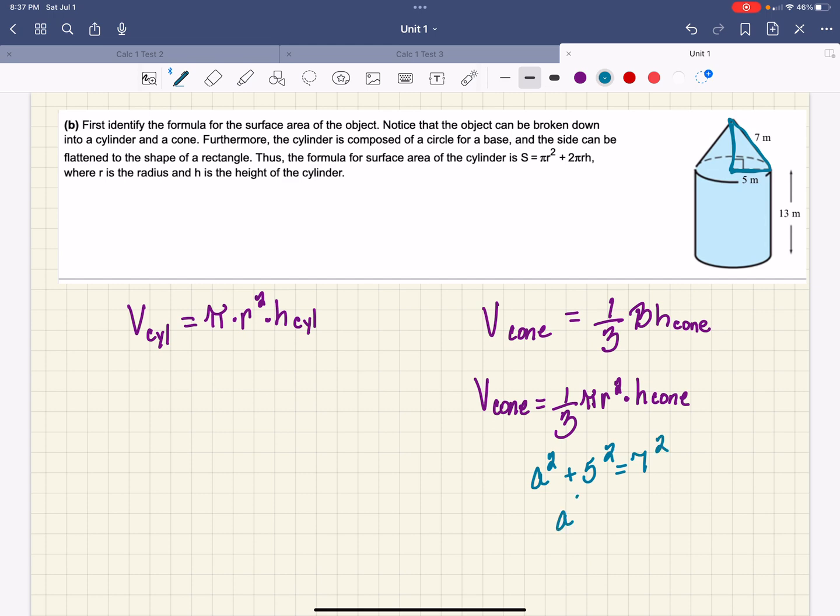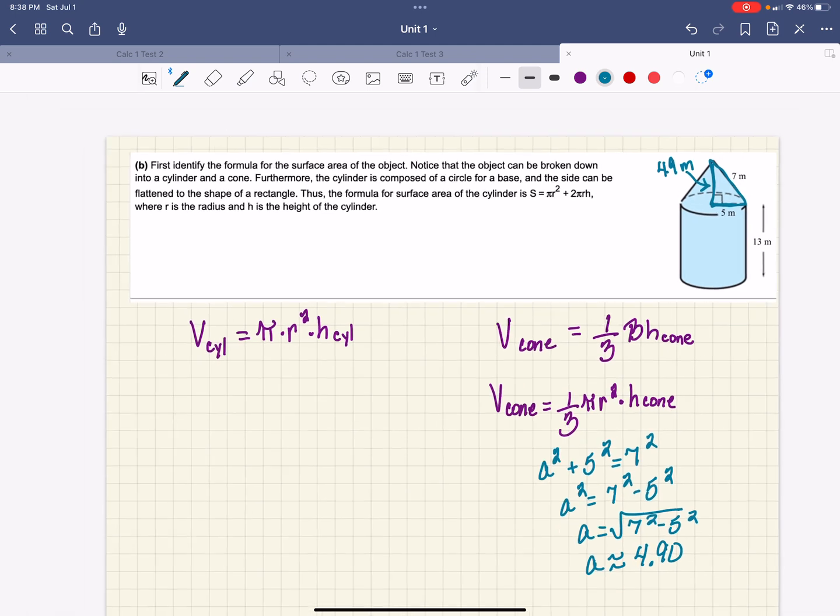Okay, a squared is going to equal 7 squared minus 5 squared, and so a is going to be the square root of 7 squared minus 5 squared. Okay, and so our a value here is going to be approximately, and that's what those squiggly lines mean, they mean approximately, 4.90. Okay, so the height of our cone is 4.9 meters.